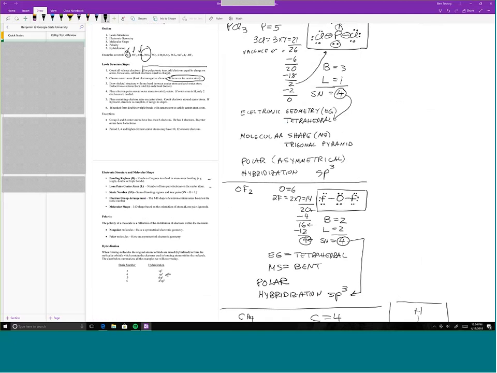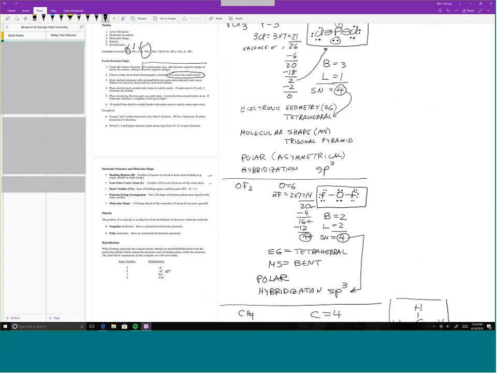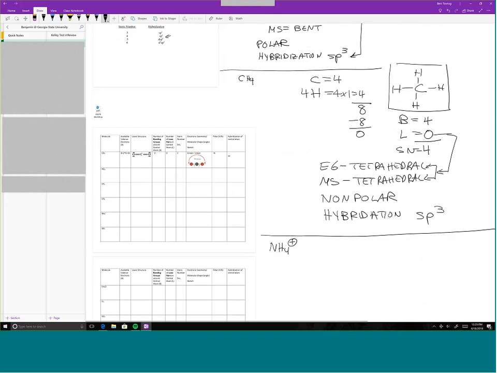For polyatomic ions, add electrons equal to the charge for anions, and for cations, subtract. Okay, what does that mean? So if we start off, nitrogen has 5, it's group 5. The 4 hydrogens is going to be 4 times 1 is 4, which is 9.